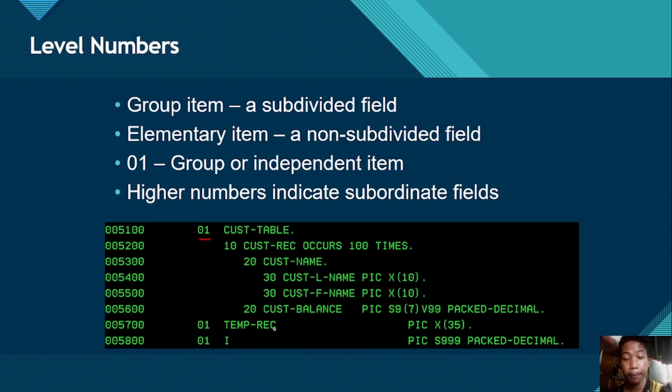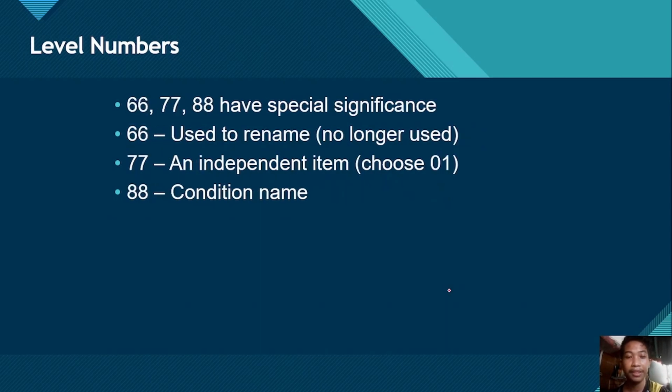Then we have the temp record and the I. So here the 66, 77, and 88 have special significance. 66 is used to rename, but it is no longer used. 77 is an independent item. So as I mentioned earlier, you can also choose 77, and 88 is the condition name.